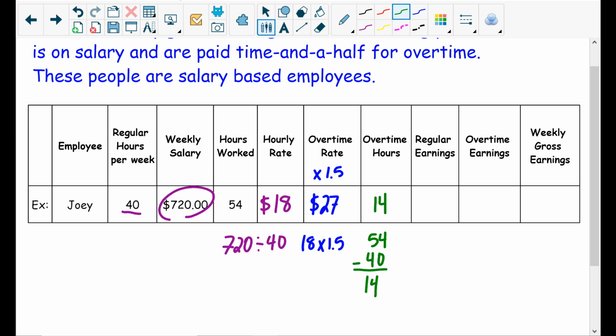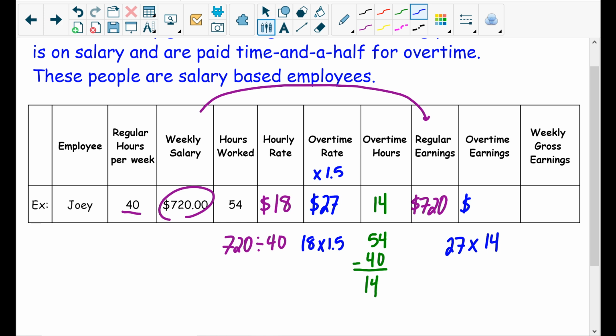Now what's nice about salary is, what's our regular earnings? Yep, 720. This weekly salary just goes straight in for our regular earnings. No calculations needed. And then our overtime: we take our overtime rate, 27, times our overtime hours, 14.